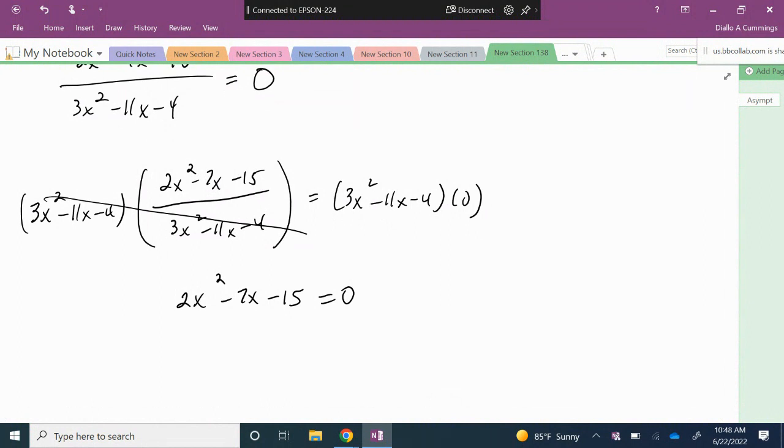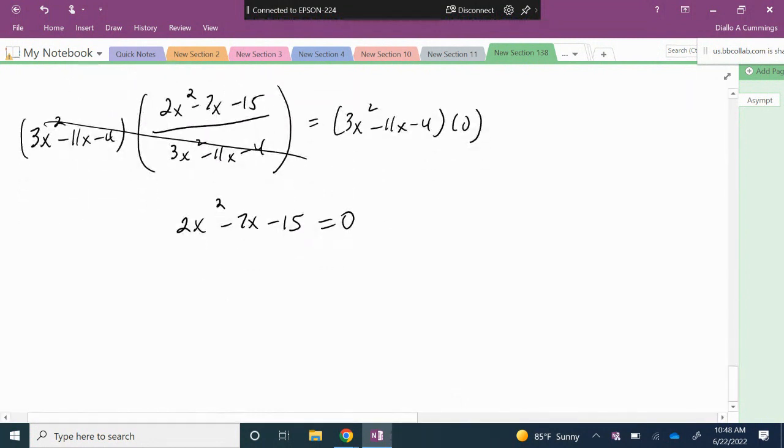All right, so we are looking at a quadratic equation. The two methods we're going to use to solve the quadratic equation are either to factor and use the zero factor property, or to use the quadratic formula. But here I believe this is factorable. So I'm going to make two sets of parentheses.